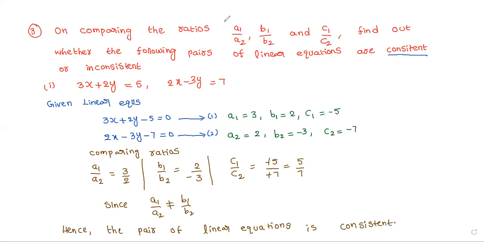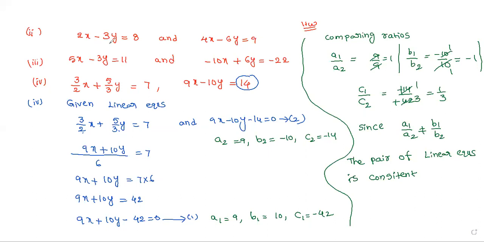Okay, write down. These two are homework. The fourth one: 3 by 2x plus 5 by 3y is equal to 7, 9x minus 10y is equal to 14. How to solve? Given equations, 3 by 2x plus 5 by 3y is equal to 7.